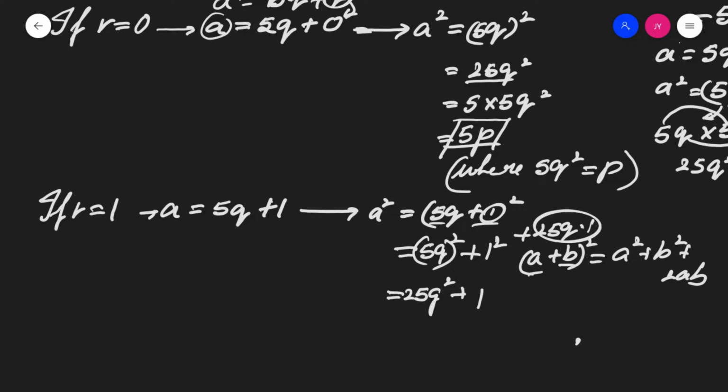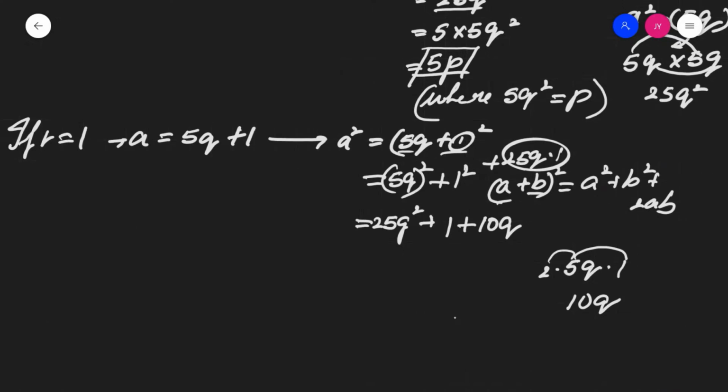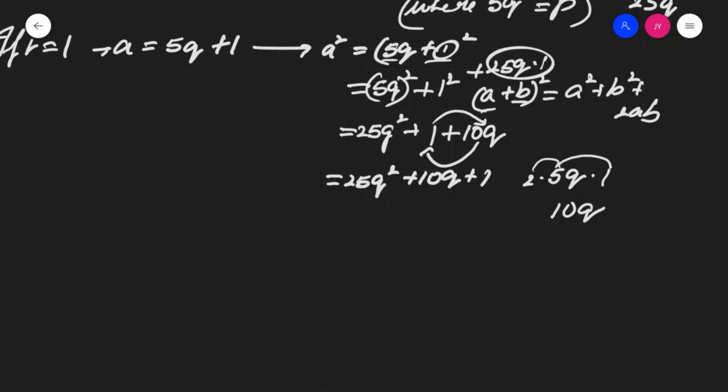And let us simplify this: 2 into 5q into 1. So 2, 5, 1 are real numbers here. So 2 into 5, 10. 10 ones are 10. And q. So plus 10q. I'm just going to arrange the terms: 25q square plus 10q plus 1. So I'm going to take 5 common in these two terms.